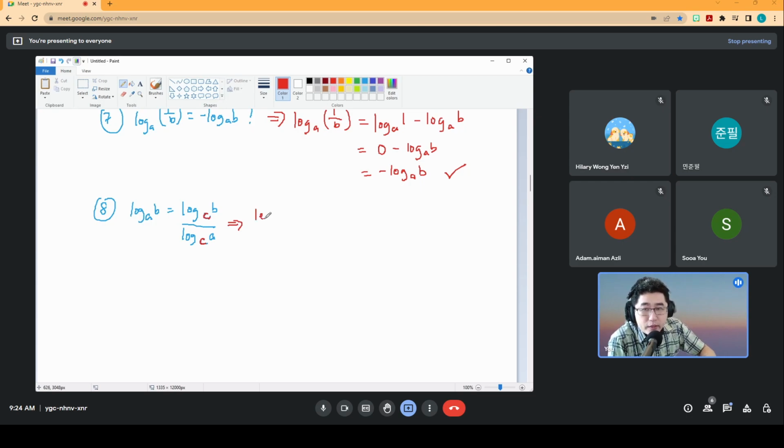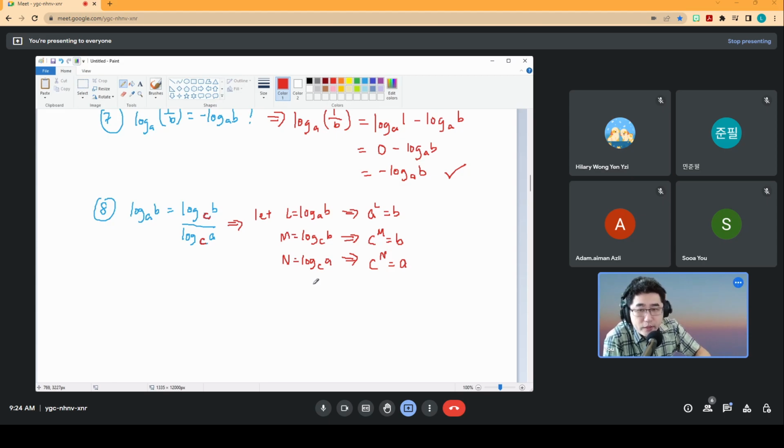So we let L equal log_a b, M equal log_c b, and N equal log_c a. According to rule 1, we write in the form of indices. So a^L equals b, c^M equals b, c^N equals a. So b equals a^L equals c^M, and a itself is c^N.